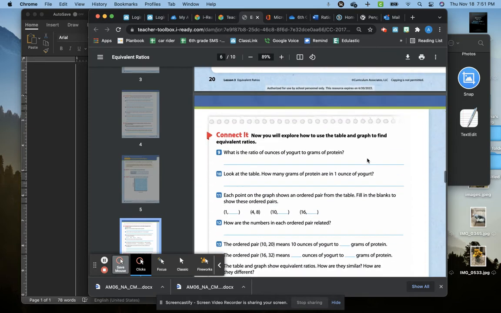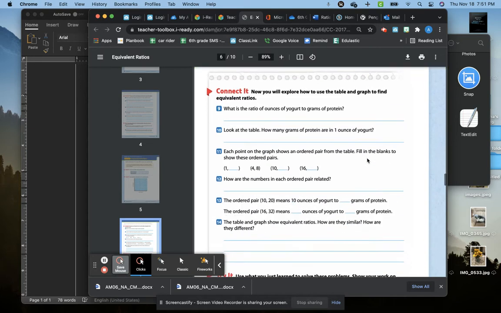For the connected problems, you're going to do the same thing we just did. What's the ratio? So what does it give you in the problem? It's asking for the unit rate in number 10. This one, it's asking for those ordered pairs. So take the equivalent ratios. 1 yogurt was to how many? 4 ounces was to 8 grams, 10 ounces is to how many, and so on.